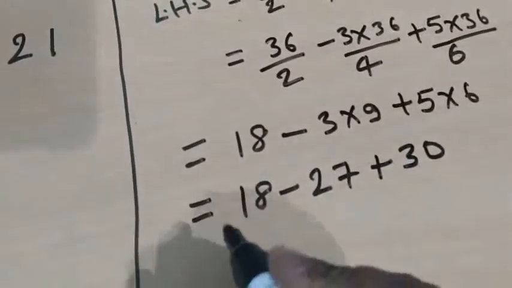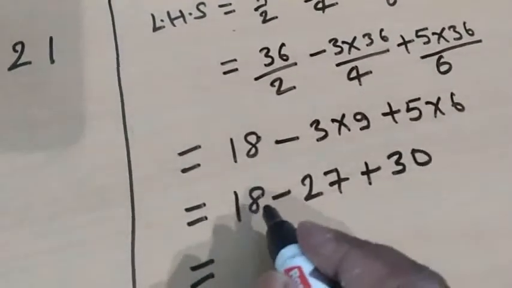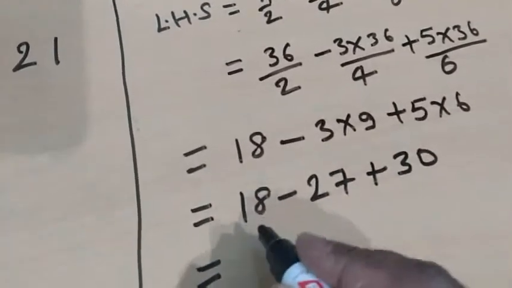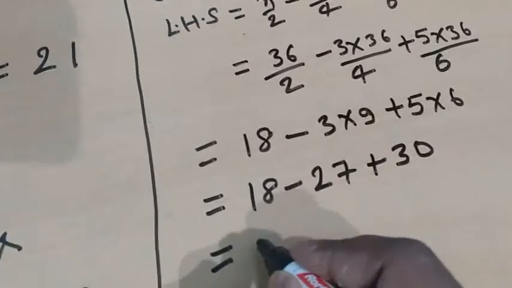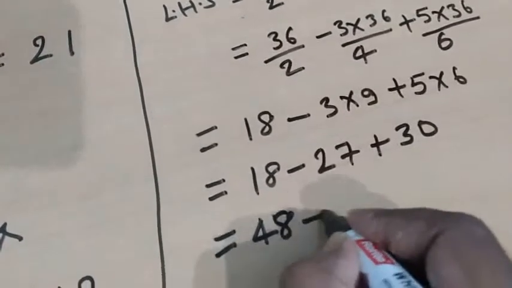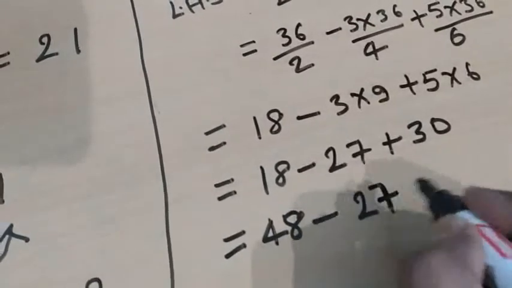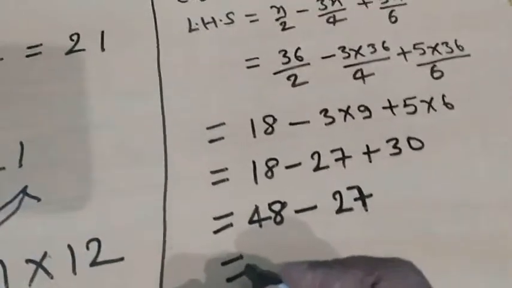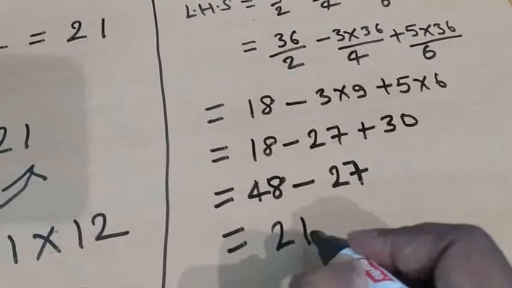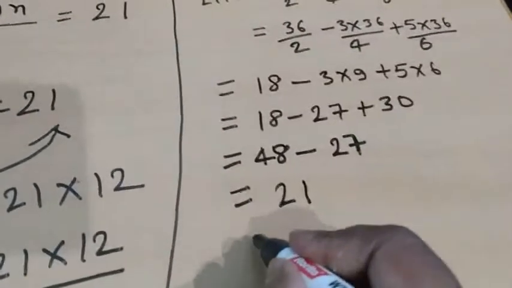Now first we add 18 plus 30, which is equal to 48, minus 27. So 48 minus 27 is 21.